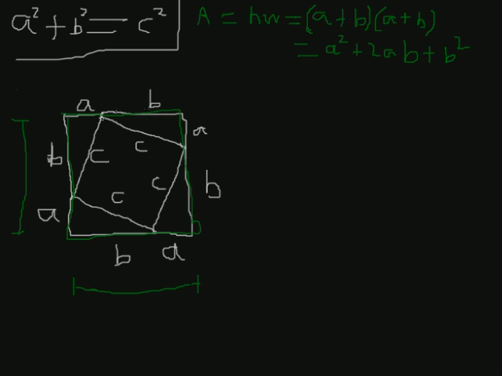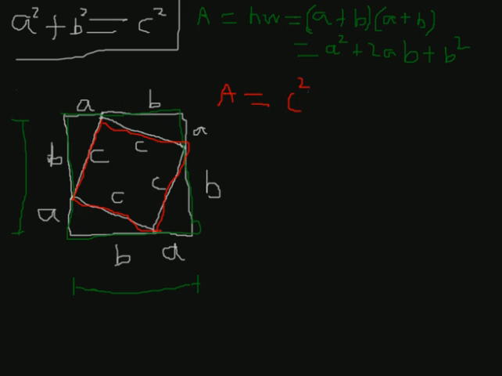This one right here. What's the area of that? So the area of that is just equal to C times C, because it's height times width, so C squared.